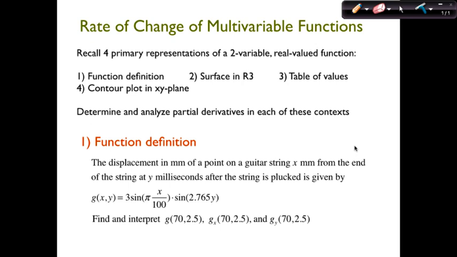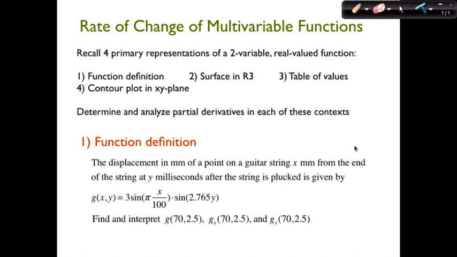We're going to find those values, and then we're going to interpret them. This is not a simple thing. There's a lot going on here, and the interpretation of these numbers in context is a mouthful. In order to get it specifically right, there's a lot to say, so we're going to practice.